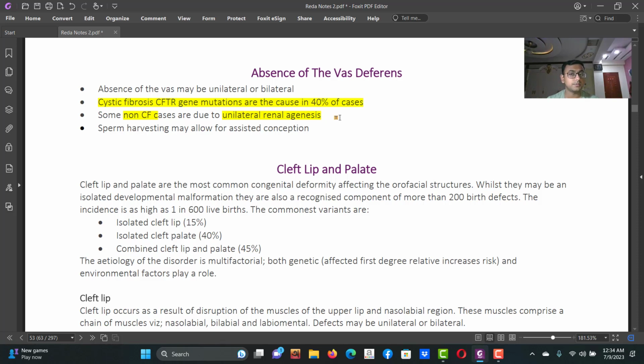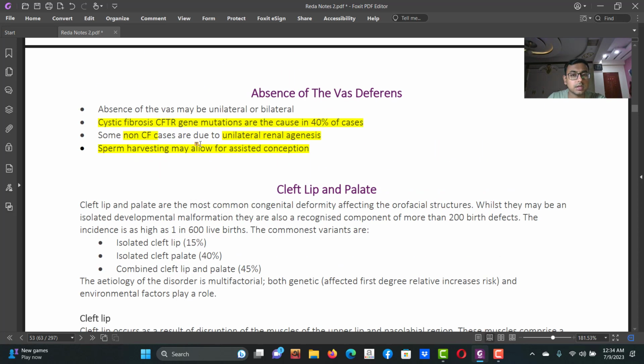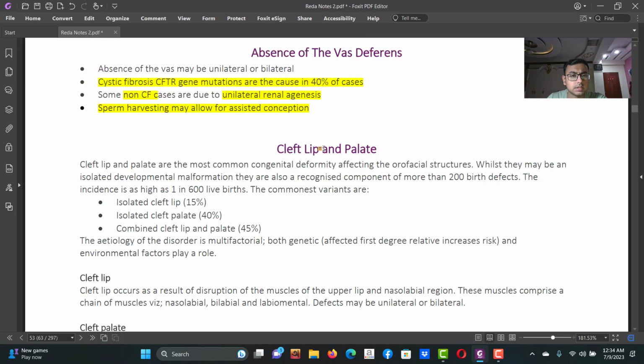If there is a problem in the primitive source, those organs will be affected and may later cause malignancy or lymphoma. Okay, so sperm retrieval may allow for assisted conception. If there is no vas deferens, the sperm pathway will be hampered, or there will be no sperm going out if it is bilateral. In that case, we need to think about that.